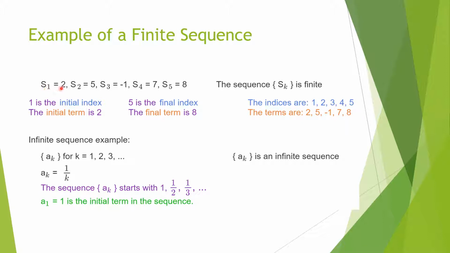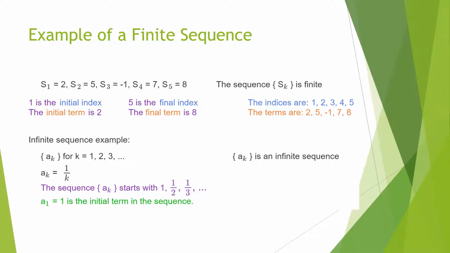S sub 1 is equal to 2, S sub 2 is equal to 5, S sub 3 is equal to -1, S sub 4 is equal to 7, S sub 5 is equal to 8. So basically the domain, which is the set of all indices, is 1, 2, 3, 4, and 5, and the values of the terms are 2, 5, -1, 7, and 8.